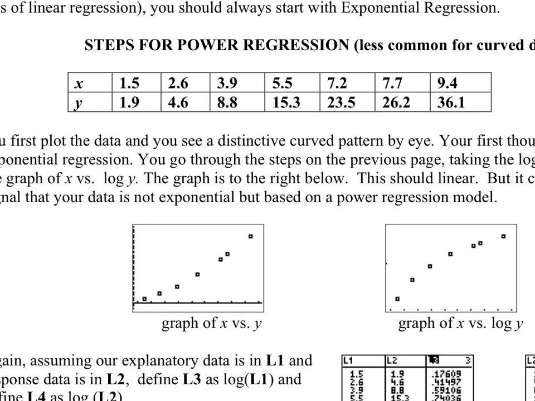Okay, so now I look at it, looks great. But remember, that's not the original data. That's the transformed data. That's the line that goes to the transformed data, but I'm going to use it because that has the A that I need, that has the B that I need. So I go to the original scatter plot, turn it back on, list 1 and list 2, and take a look at it.